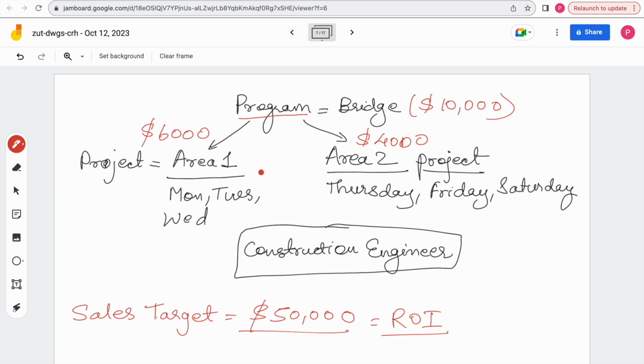To resolve that, the program manager assigns 3 days to each project. The construction engineer is going to work on each project for 3 days, and whichever is the priority on Monday, Tuesday, Wednesday, he can pick that.